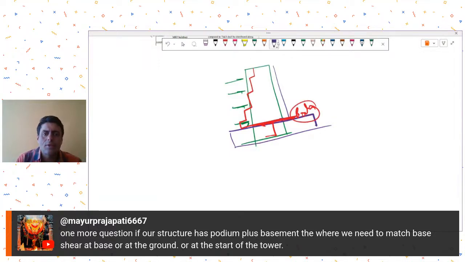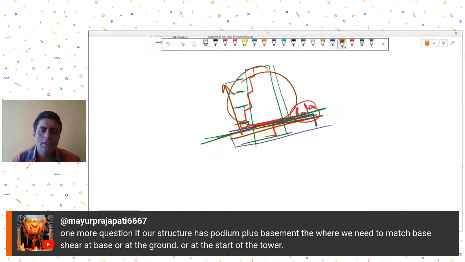Then I think you should do the base shear scaling at this level, assuming this is the final level. Above this you calculate the summation of all shears, and you calculate the summation of all shears for dynamic, and then do the base shear scaling. So if a shear reversal is happening, then you do it like this.